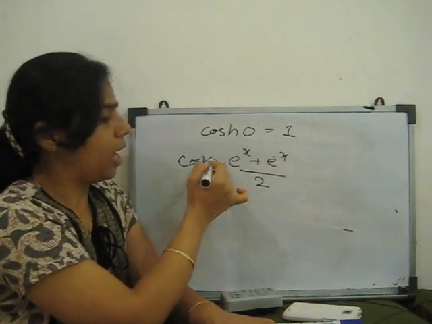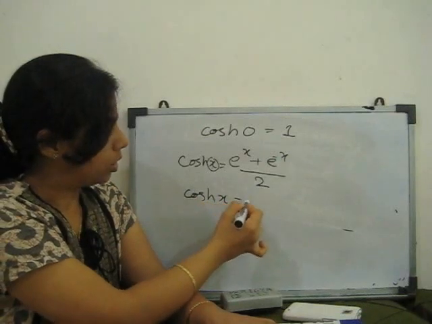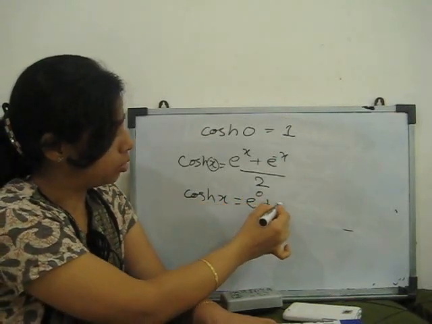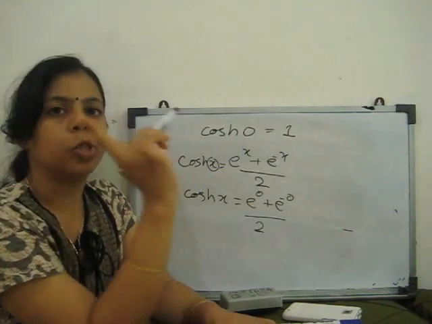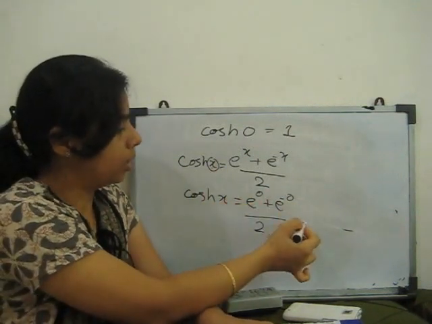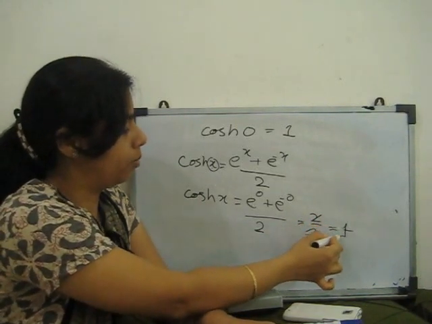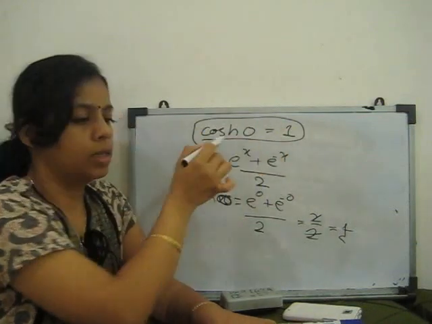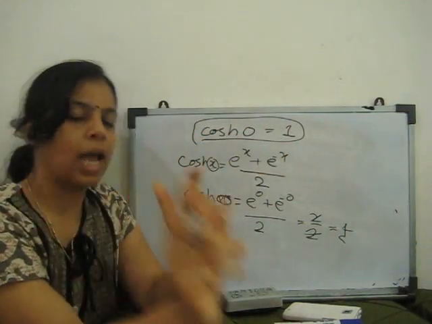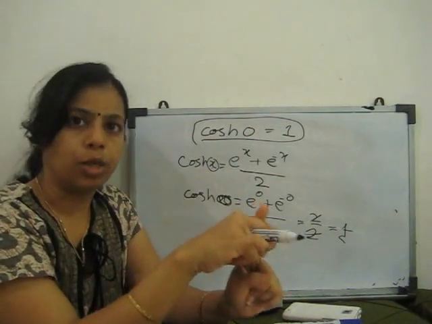In place of x, put 0. So cosh 0 is equal to e to the power 0 plus e to the power minus 0 by 2. e to the power 0 is 1, so 1 plus 1 gives 2 by 2. It means cosh 0 is equal to 1. Similarly, you can find sinh 0. sinh 0 is 0.